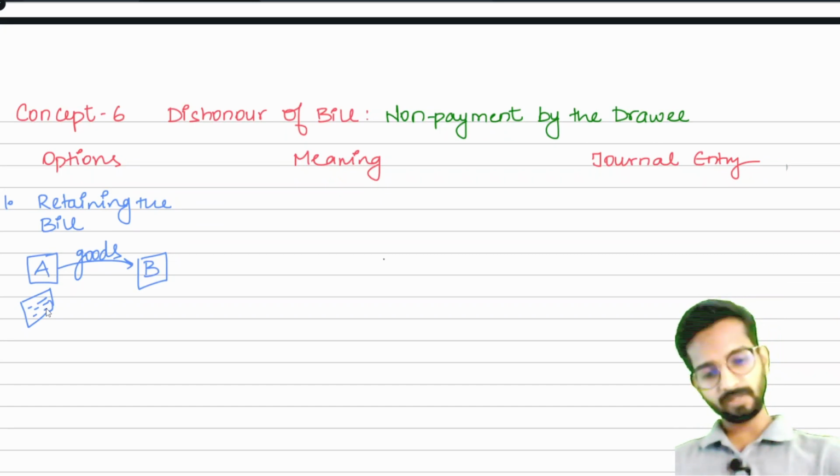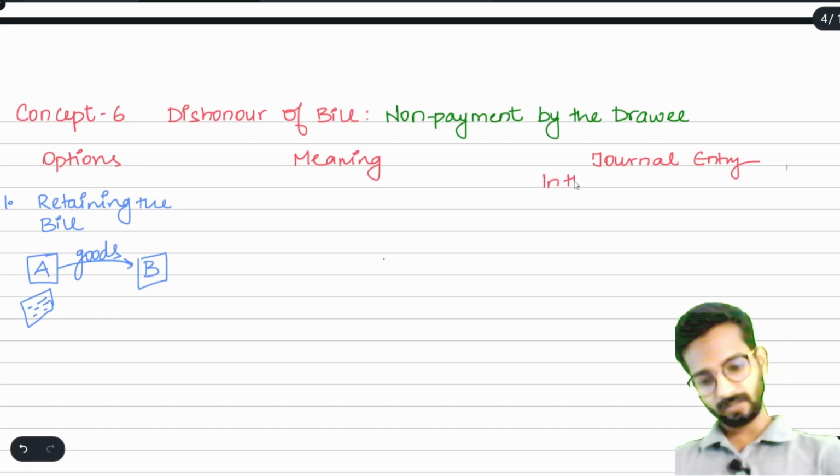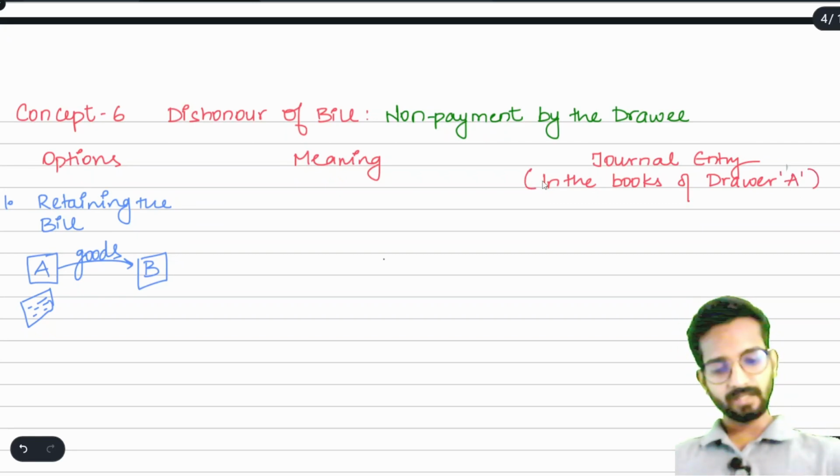Now, what will be the journal entry in this case? According to us, who are we? We are A. In the books of drawer A, what will be the journal entry? Think according to A. What is A thinking? I have the bills.